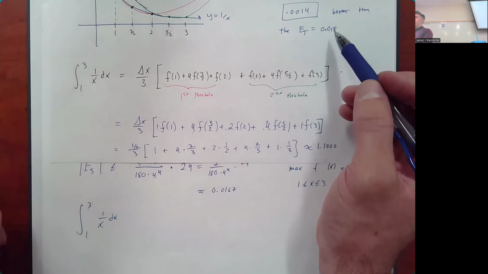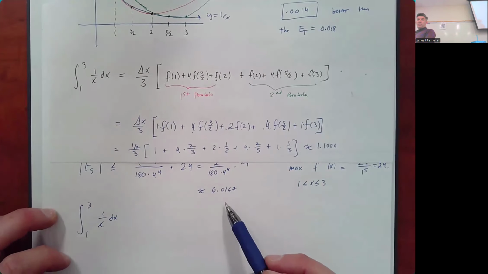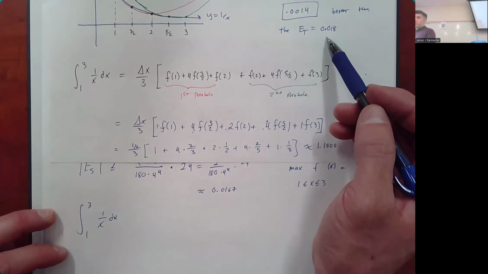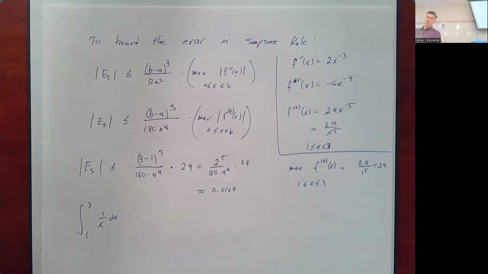I will point out the upper bound on the error for Simpson's rule is a smaller number than the actual error we got for the trapezoid rule. So Simpson's method does really yield a better approximation. The question becomes, do we care enough to do the more work to actually get the better estimate? And sometimes we do.